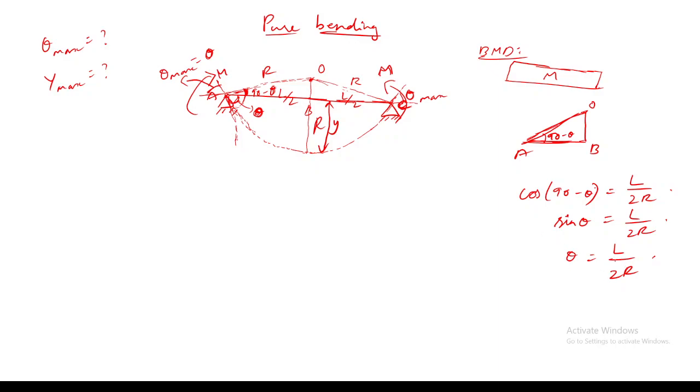Since I cannot easily find the value of R, I need the same expression in terms of bending moment M. So how can I replace R in terms of bending moment M? 1 by R is equal to M by EI. Good. So from this, the final expression will be ML by 2EI.